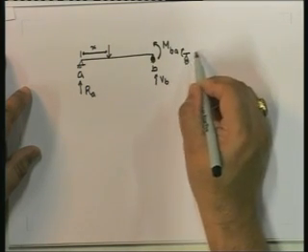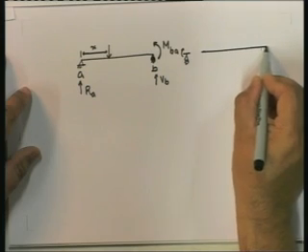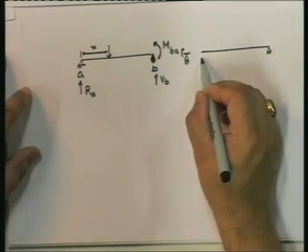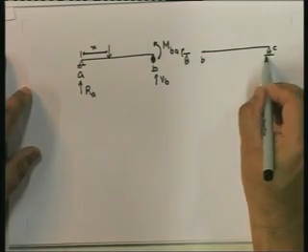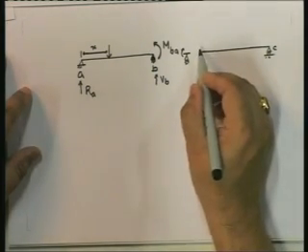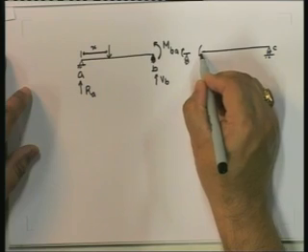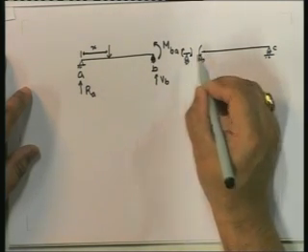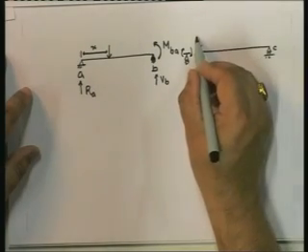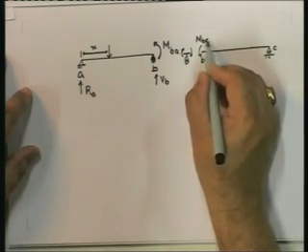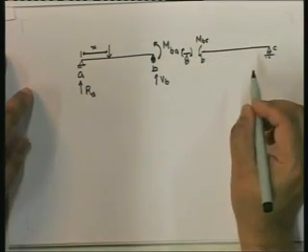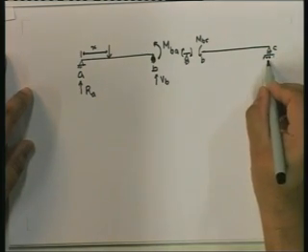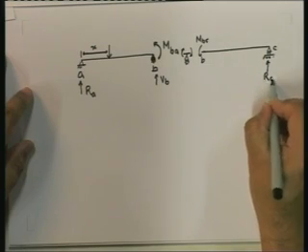Okay, so we made a cut, and then we have BC. Here, if I have it like this, then this goes this way, and this is MBC, and this is RC.